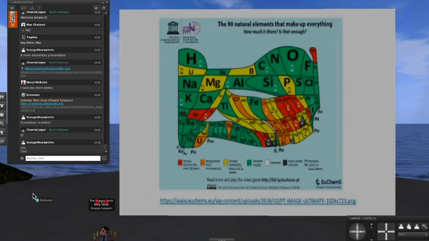Basically, the periodic table looks kind of different to different people. If you think about the abundances of the elements, this is what a periodic table would look like. We've got a lot of hydrogen and a lot of helium. This is more the abundances on Earth rather than the universe. If you did universal abundances, we'd have hydrogen and helium with a smattering of other things.